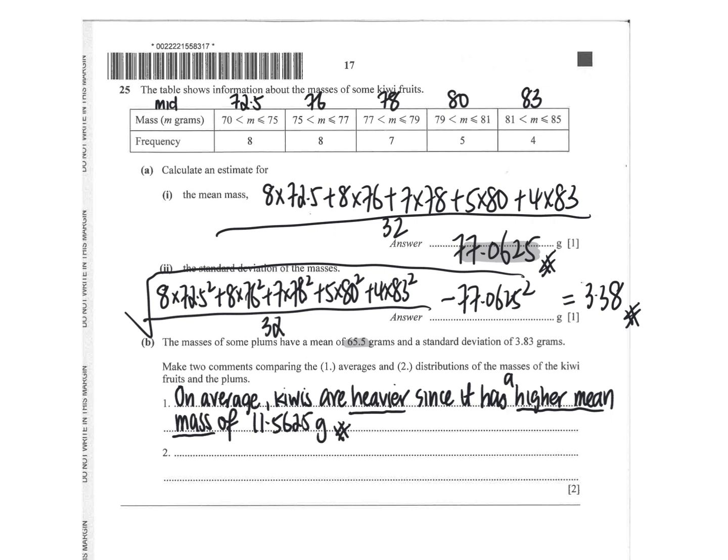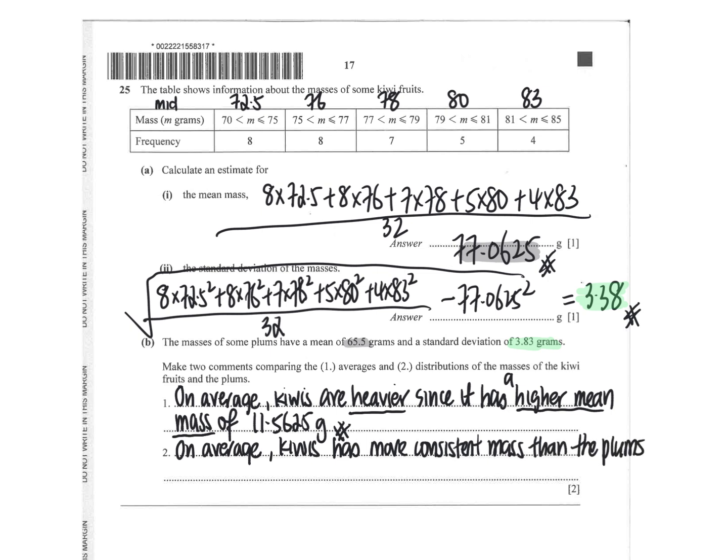Two things. Okay, second one, we talk about consistency. This one is 3.8, this one is 3.38. The lower the better. So you will say, on average, kiwis has more consistent mass than the plums.